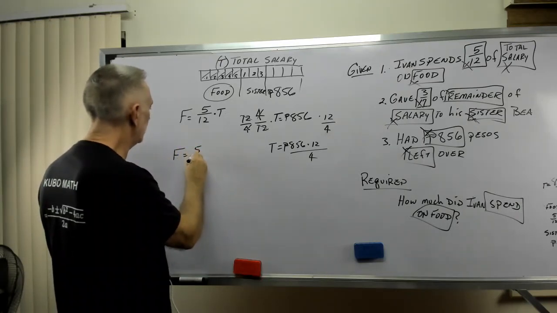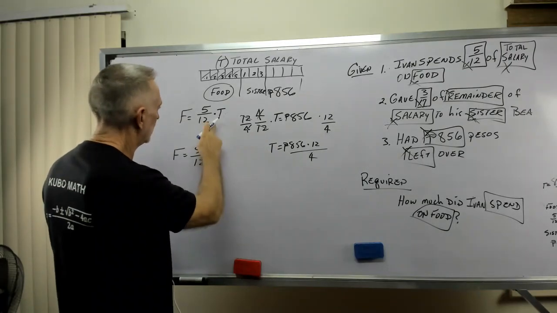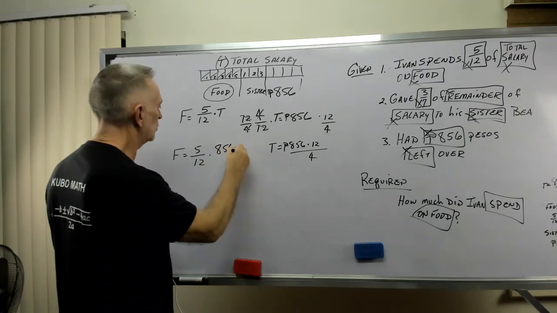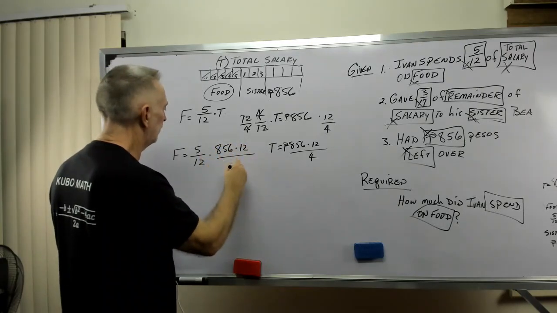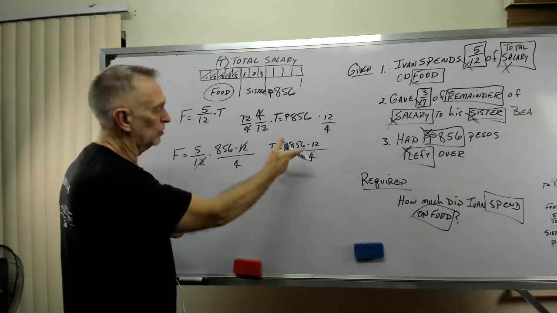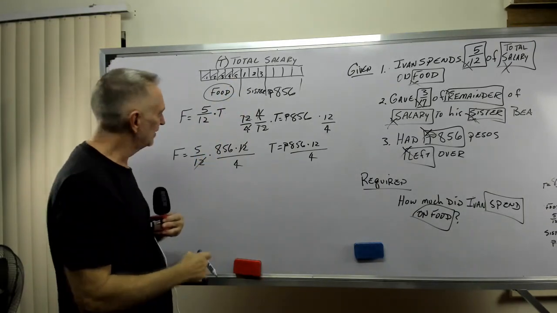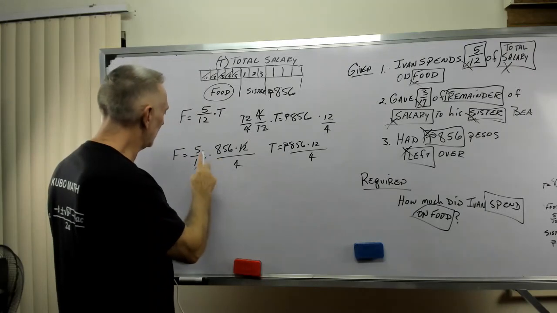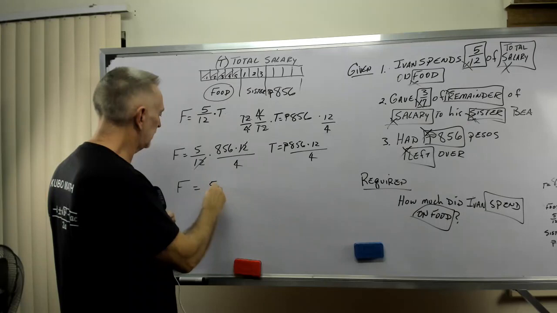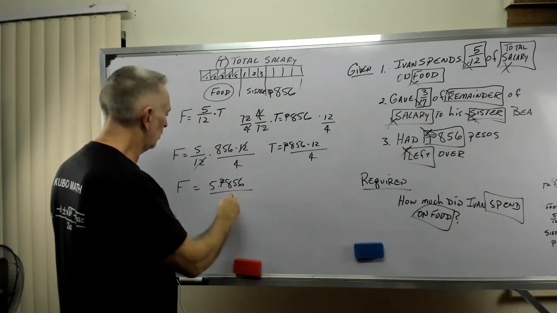Food equals 5/12 times T, and T is 856 times 12 divided by 4. 12 divided by 12, this is why I didn't want to do that earlier. I knew it was going to divide out. Okay, so what does that leave me? What he spent on food is 5 times 856 pesos divided by 4.